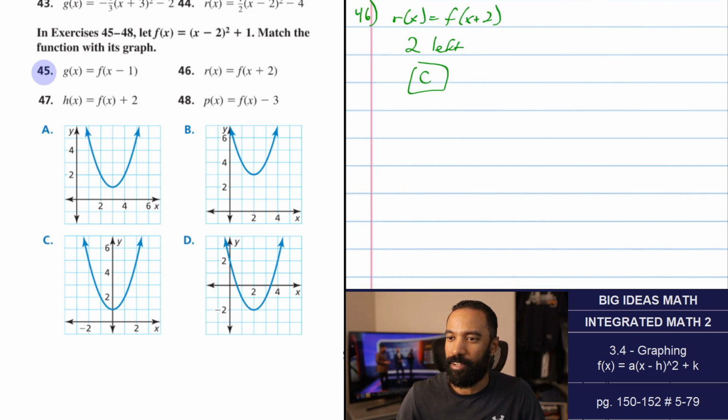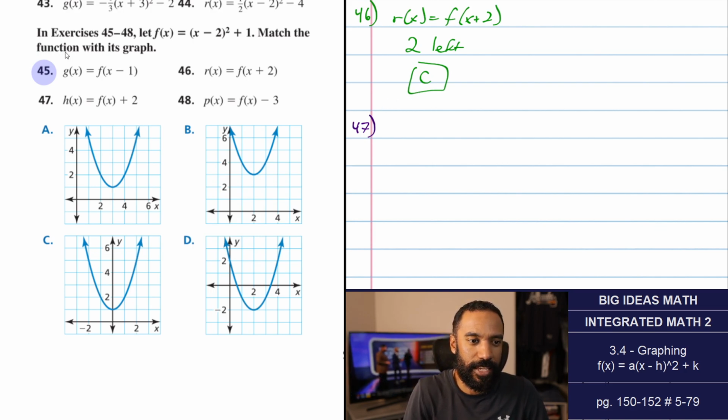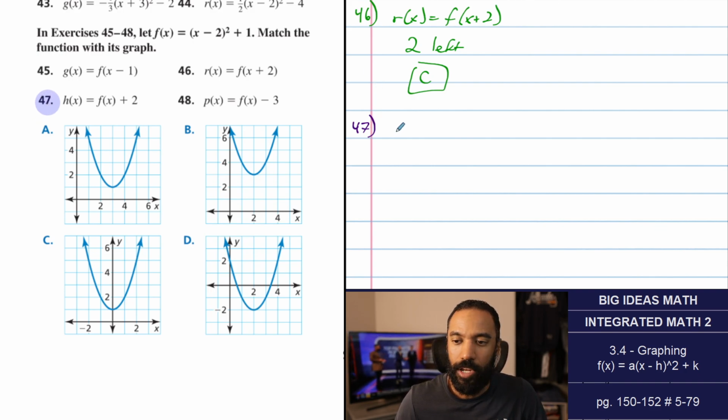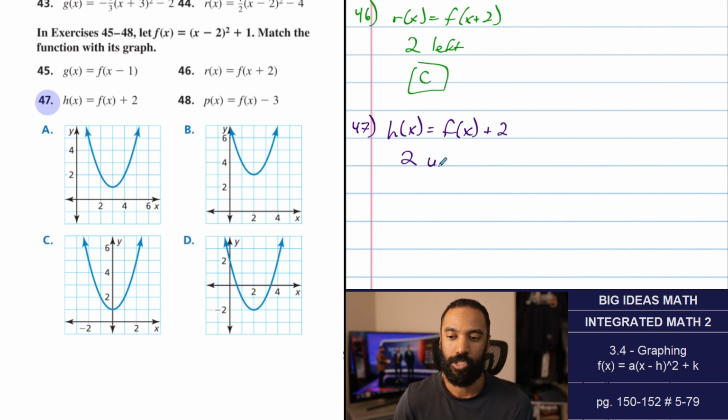Number 47. I didn't skip 46 on this last thing, I'm sorry. 45, 46. Number 47, we have h of x equals f of x plus 2. Notice the plus 2 is on the outside, like a k would be. It affects the y after you plug in something for x. Therefore, everything's translated 2 units up.